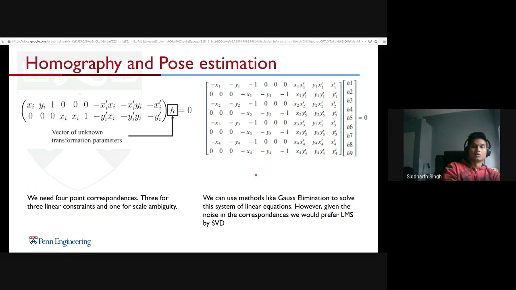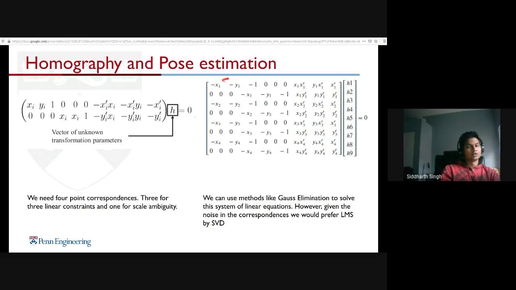So what do we do with that? What are the solutions that we can have in a noisy scenario? Any ideas? We can also think about this in terms of the shape of the matrix.